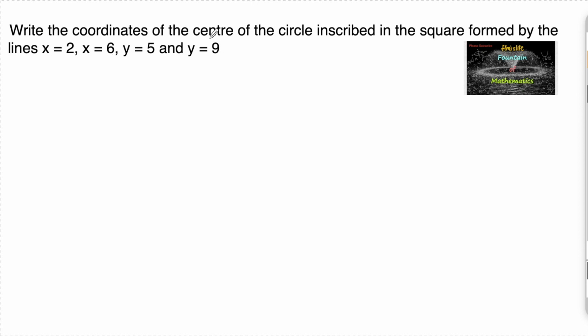Write the coordinates of the center of the circle inscribed in the square formed by the lines x is equal to 2, x is equal to 6, y is equal to 5 and y is equal to 9. So these are horizontal and vertical lines. Let's consider the coordinate axis.